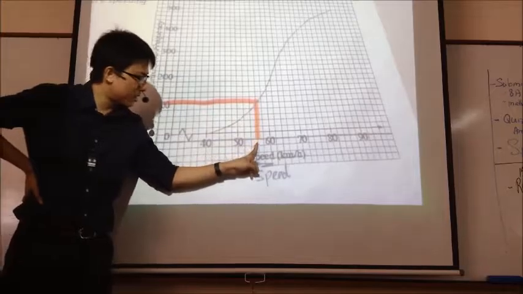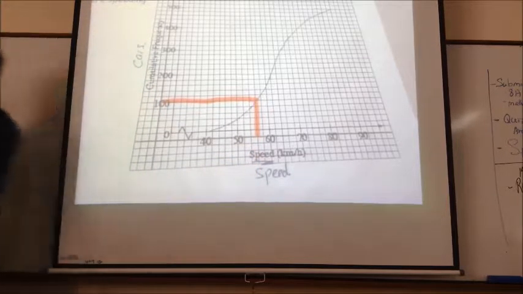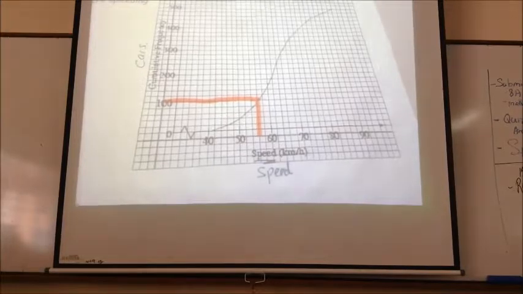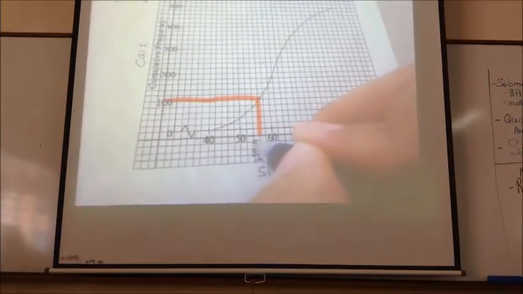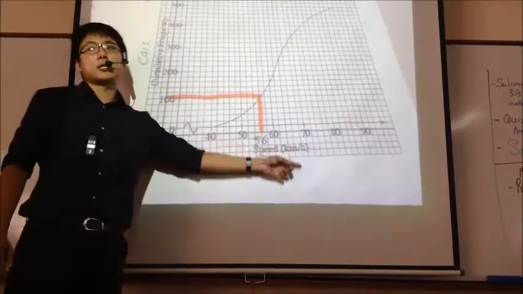And what is this number? 56. So I have 100 cars, I have 56 kilometers per hour.